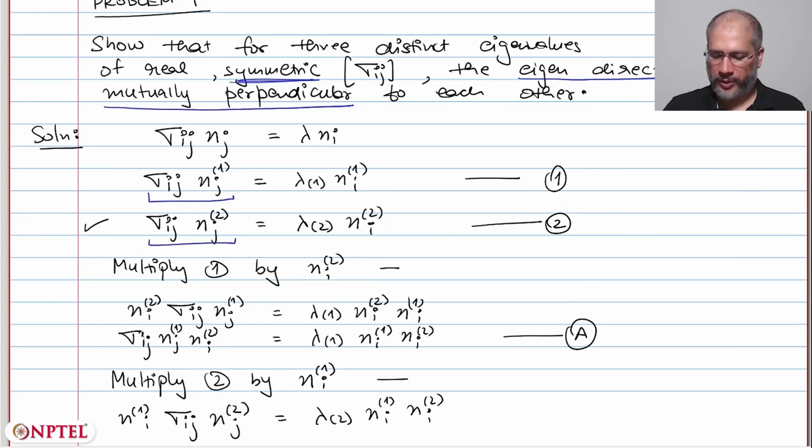And then on the left, if I multiply the first equation by n2 with some index, then the left hand sides of both will be the same. So this is the trick: one has to see the equations first and figure out what exactly has to be shown and then what has to be done to show that. Again, this comes with experience and practice. So eventually you will get comfortable with showing expressions like this.